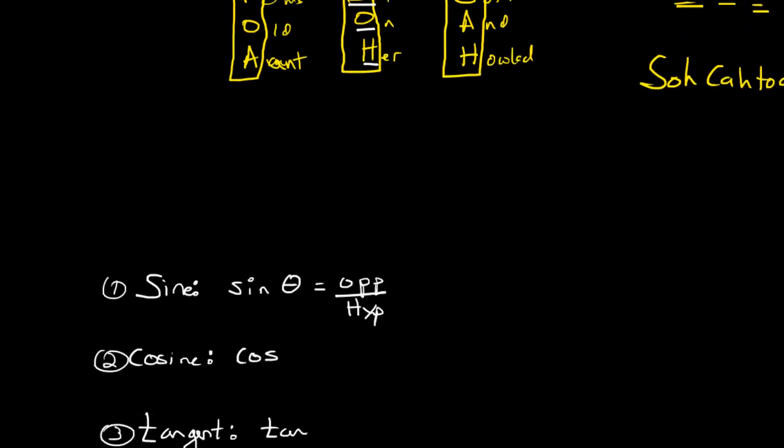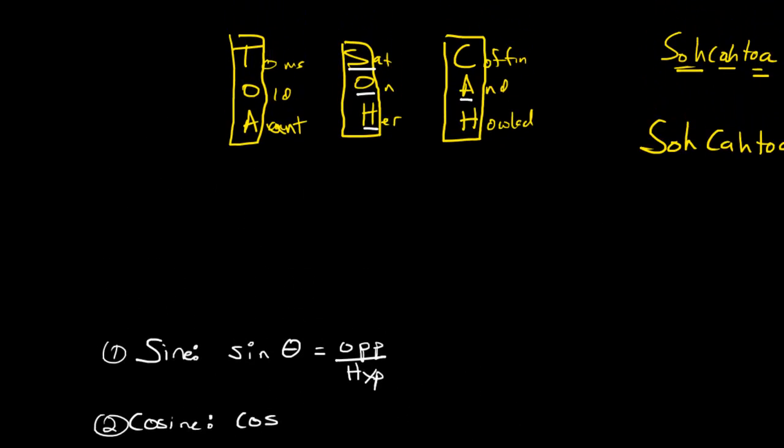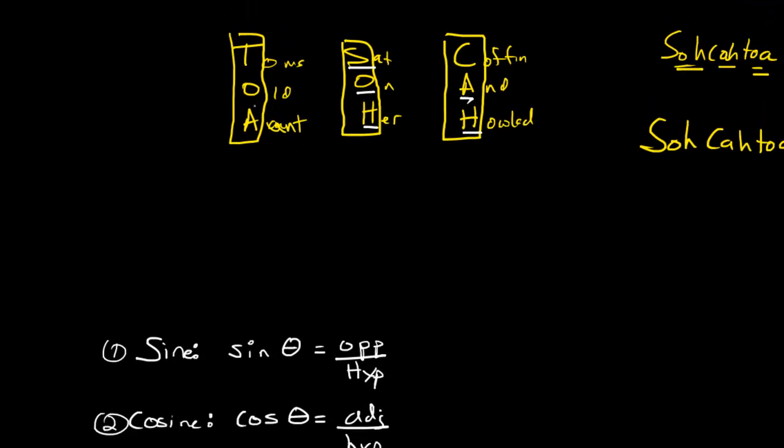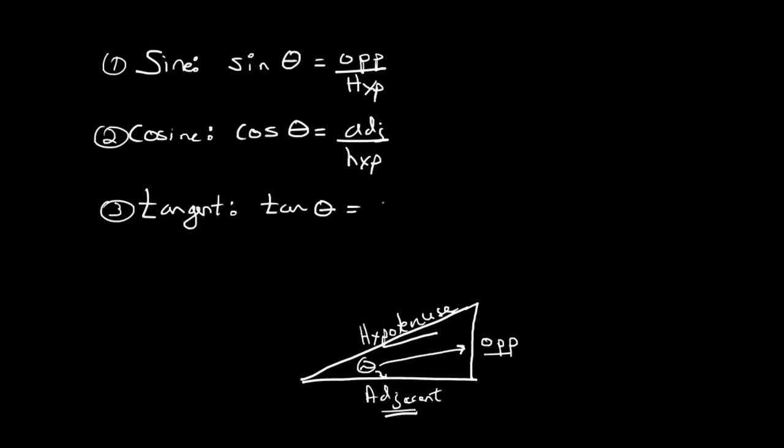Cosine is going to be the adjacent leg divided by the hypotenuse. So it's the length of the adjacent leg divided by that of the hypotenuse. So cosine of theta is equal to the adjacent leg divided by the hypotenuse. And then the tangent of theta is equal to the opposite leg divided by the adjacent leg.